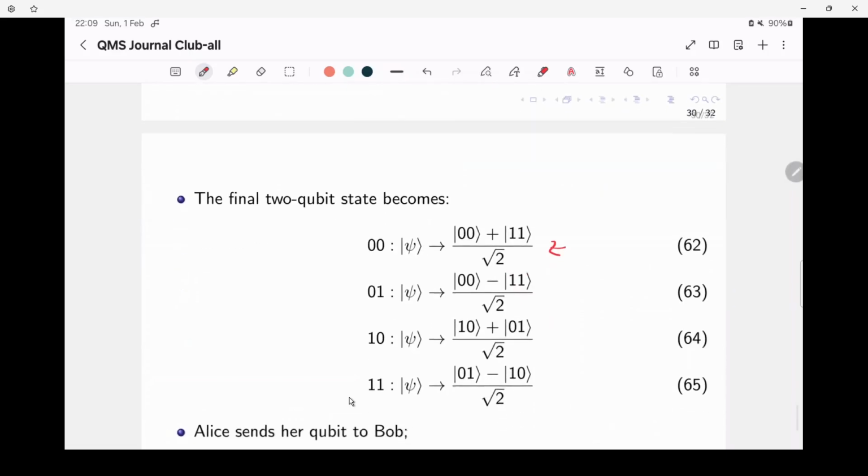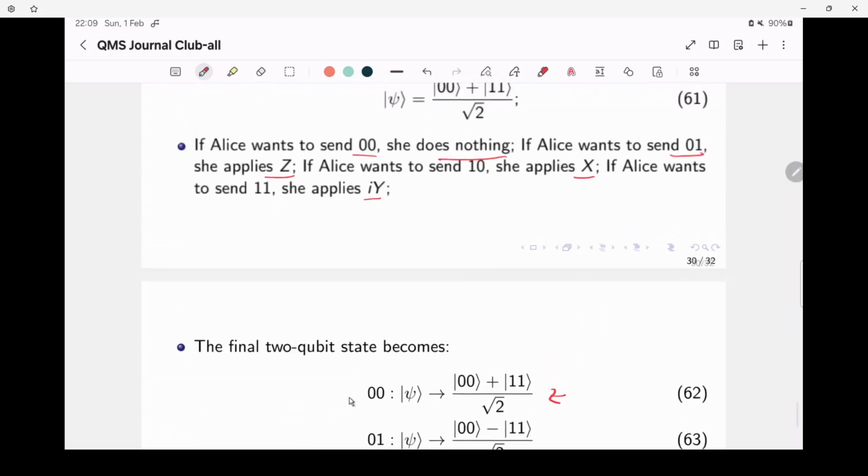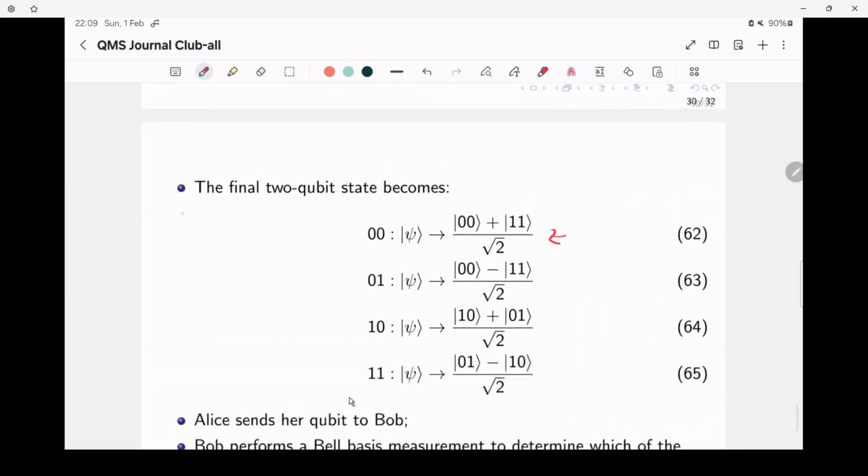For 0, 1, you apply your Z gate. In this case, what you are actually applying is Z tensor identity to your Bell basis. Identity, because Alice does not have access to Bob's qubit.